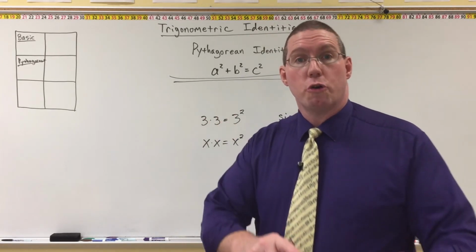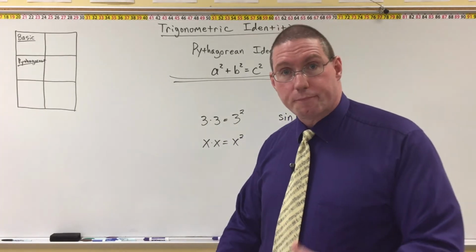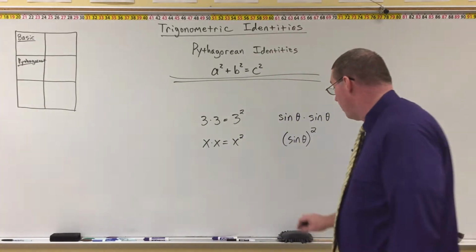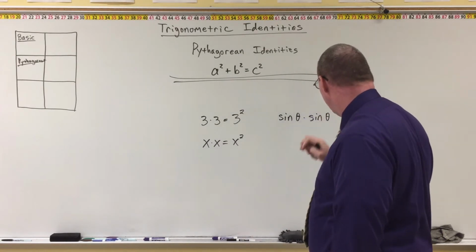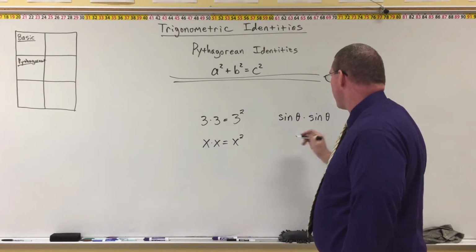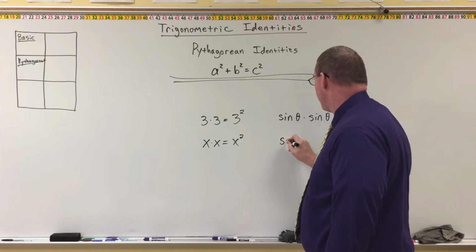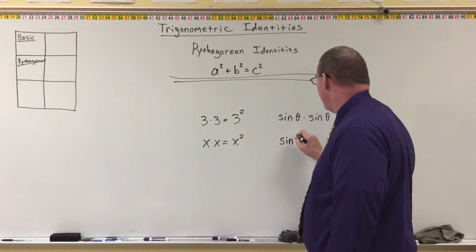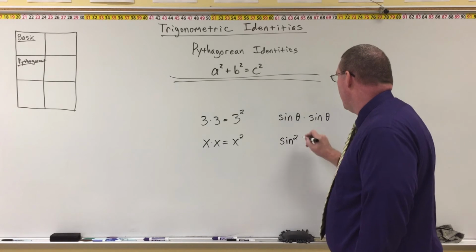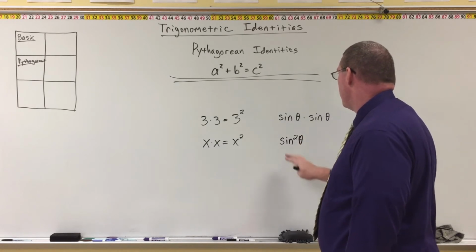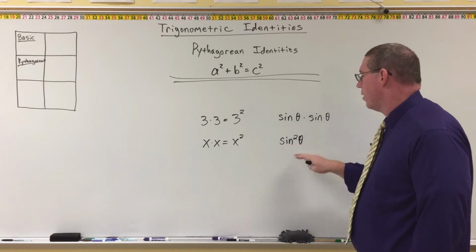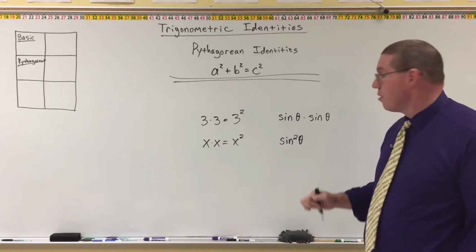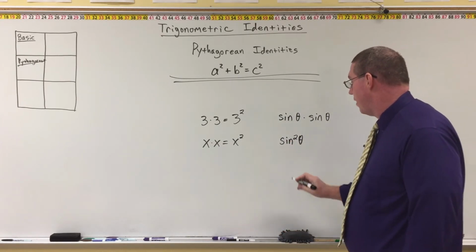And so I need to introduce you to that way of writing it so that you understand what it means. What the math people decided to do is that when you have sine of theta times sine of theta, you're going to write sine, and then you're going to square the sine, and then put a theta. So now the way we say sine of theta times sine of theta is we say sine squared of theta, okay? So this means sine of theta times sine of theta.